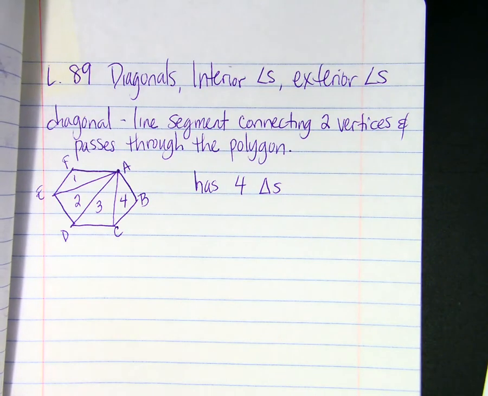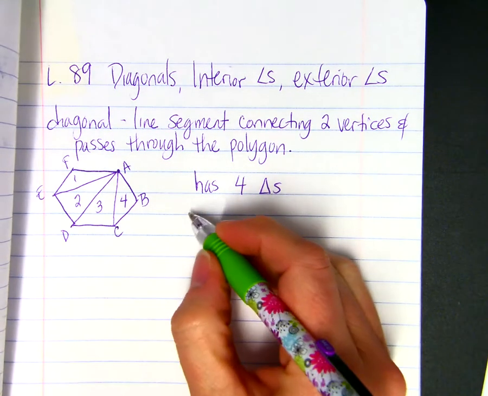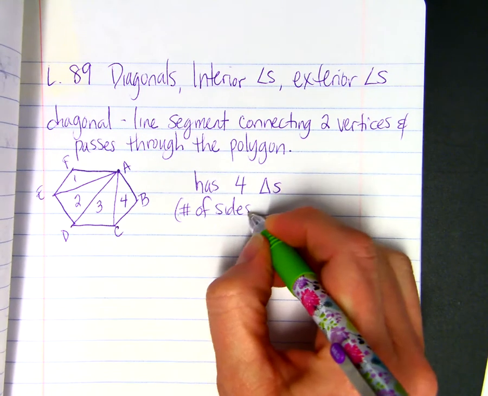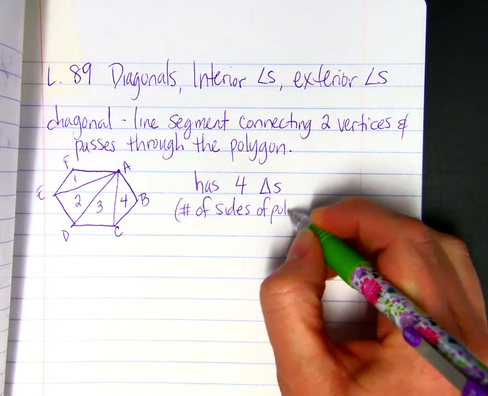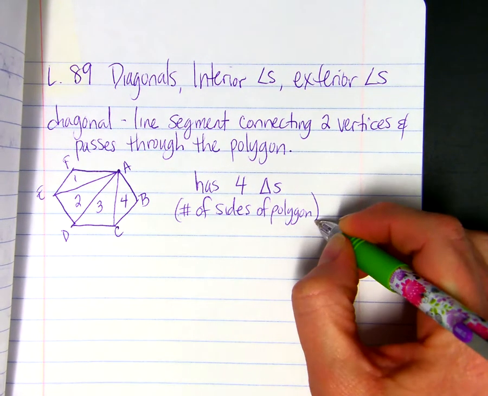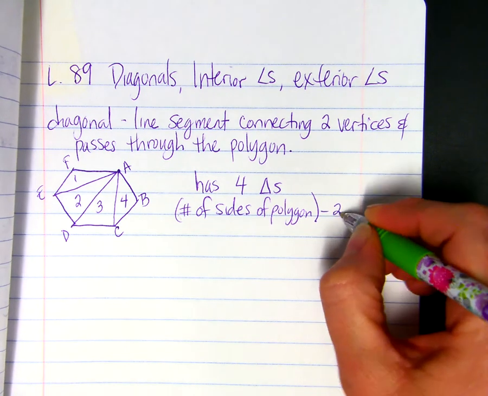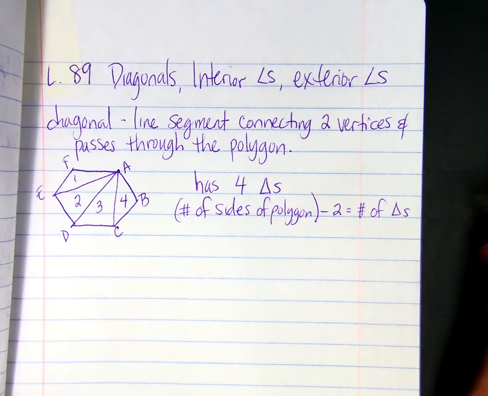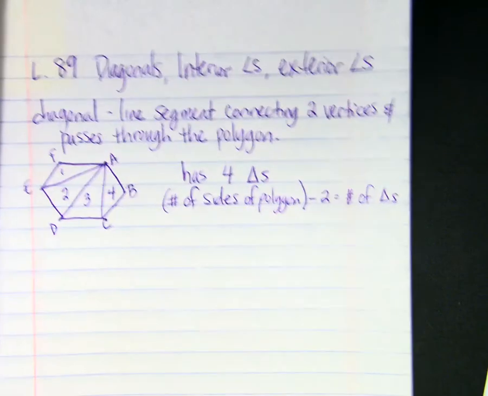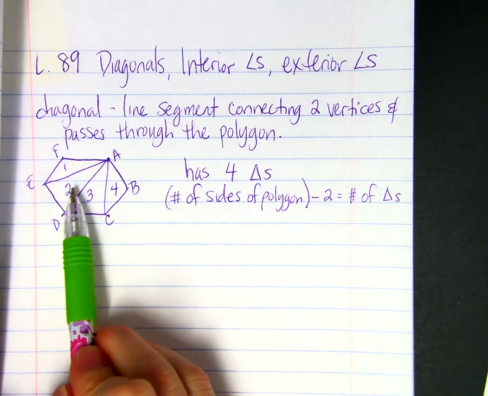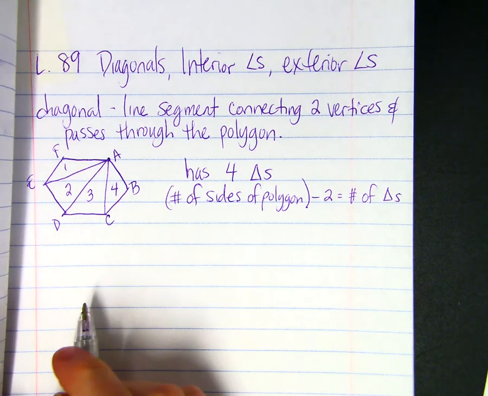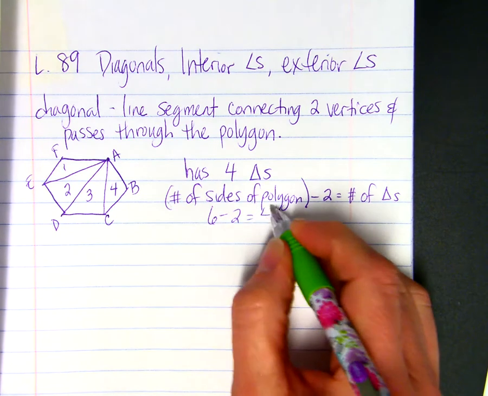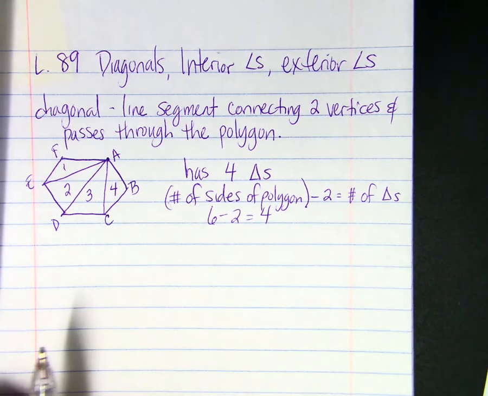So if you want to find out how many triangles it has, you take the number of sides of the polygon, subtract 2, and that will give you the number of triangles that are formed when you divide it up, just using one vertex. So in this case, we had 6 minus 2, and we had 4 triangles in this example.